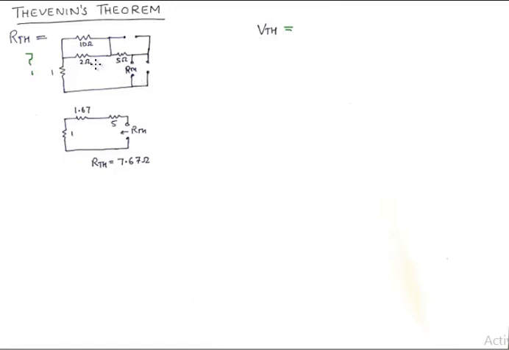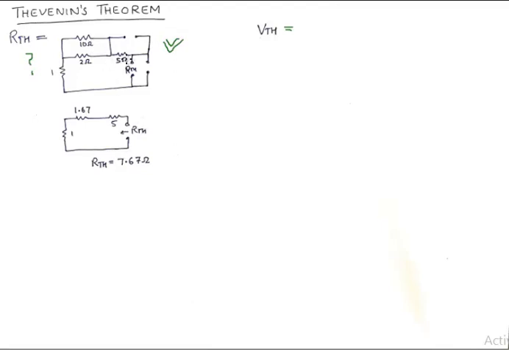So in order to calculate RTH, we remove all the voltage sources and current sources. We short circuit the voltage sources and open circuit the current sources, and we find the resistance as seen from the load. So when we do that, the network reduces to this format.